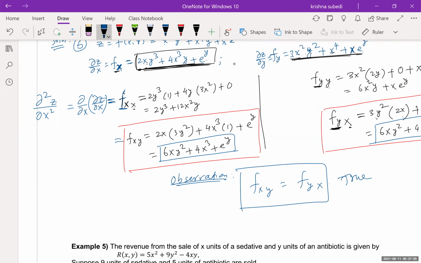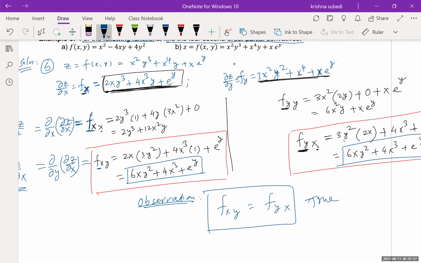And for this one, what we did is we already have delta z over delta x here, and we differentiate that with respect to y. So you can write this as d2z over dy dx. So you can use this symbol if you like. And in this case also, we already have delta z over delta y, and we differentiate that by delta y again.